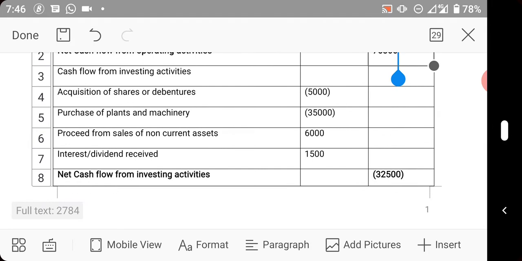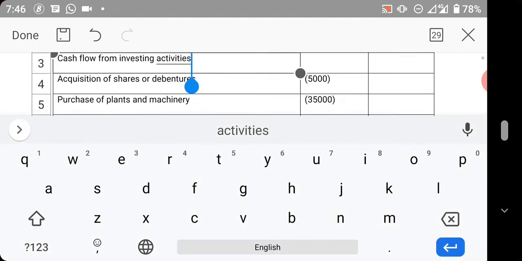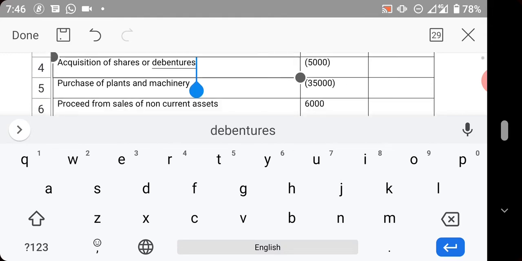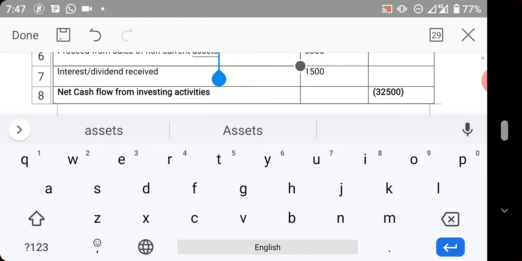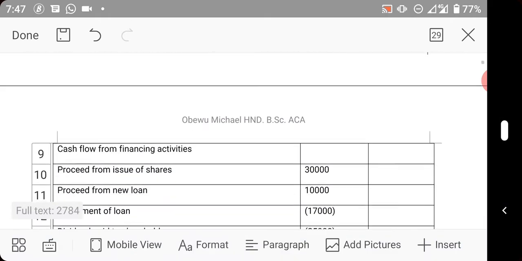So we now have cash flow from investing activities. In this cash flow from investing activities, we have items like acquisition of shares or debentures, purchase of plant and machineries, proceeds from sales of non-current assets, interest and dividend received, and net cash flow from investing activities.